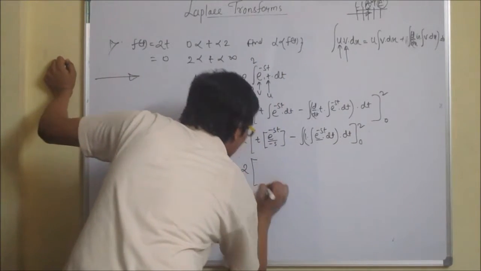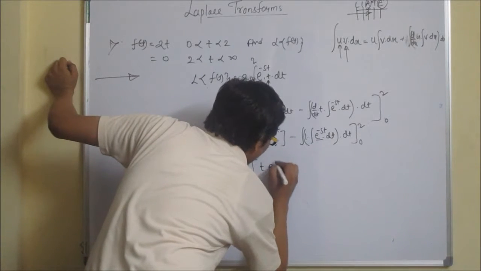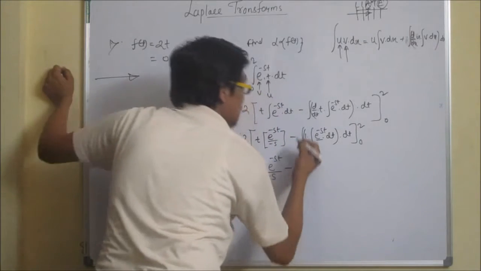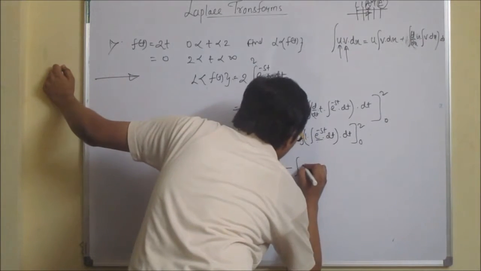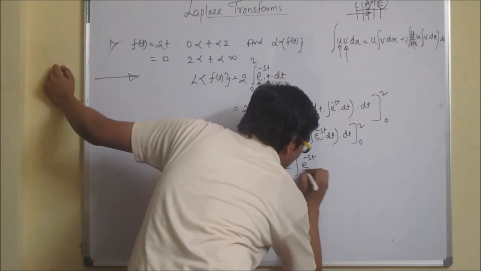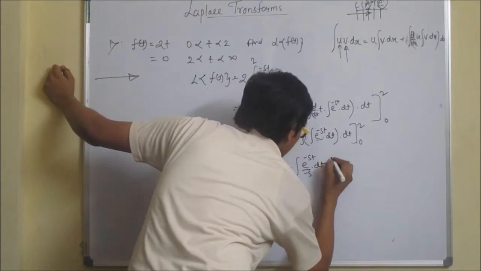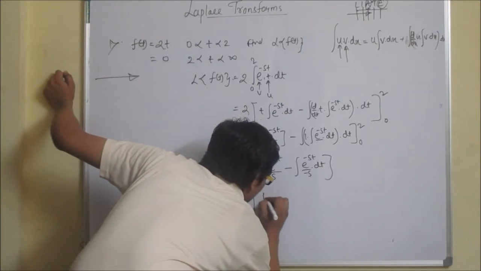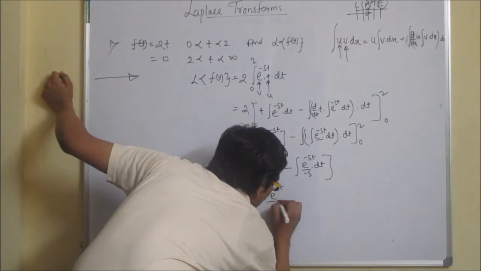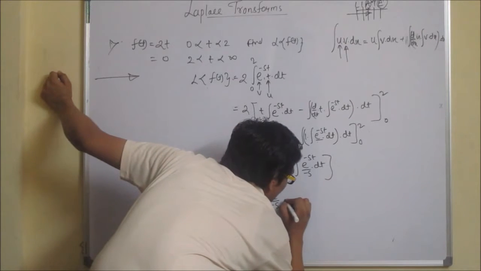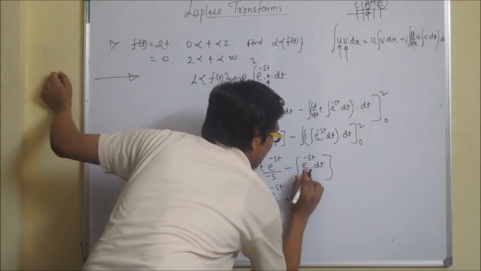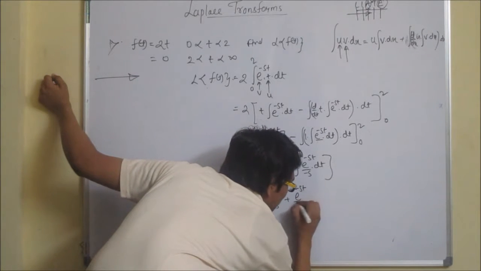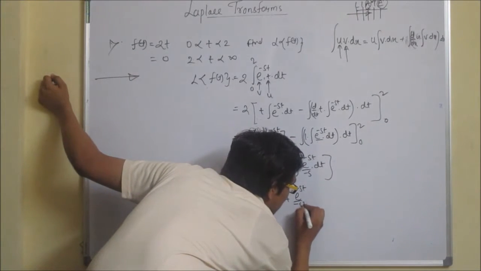So 2 times t e raised to minus st by minus s minus e raised to minus st by minus s dt is equal to 2 times t e raised to minus st by minus s plus, this minus minus gets cancelled, e raised to minus st by minus s square.